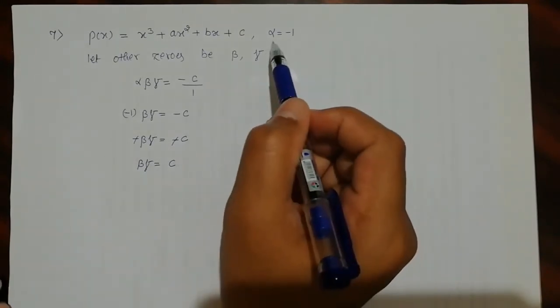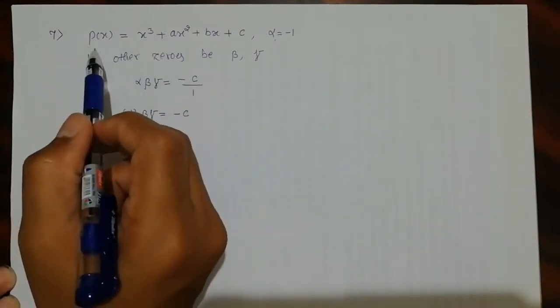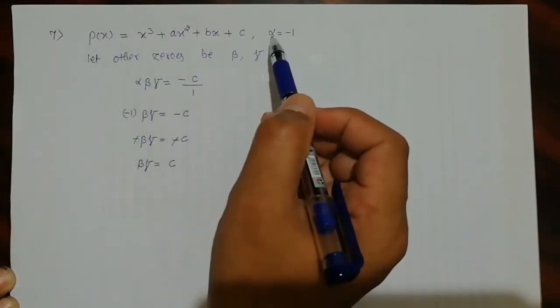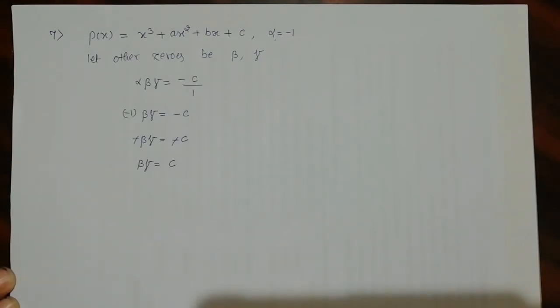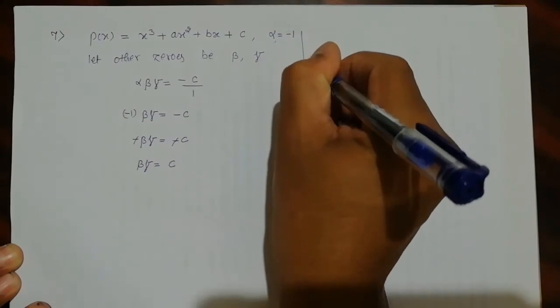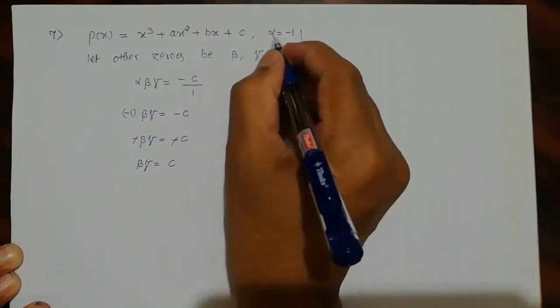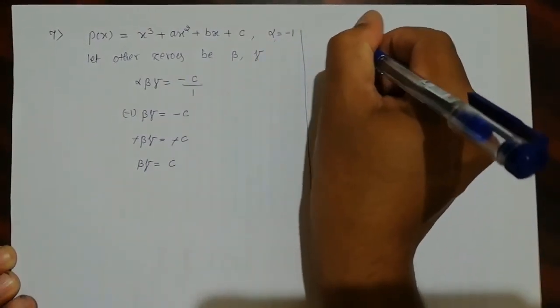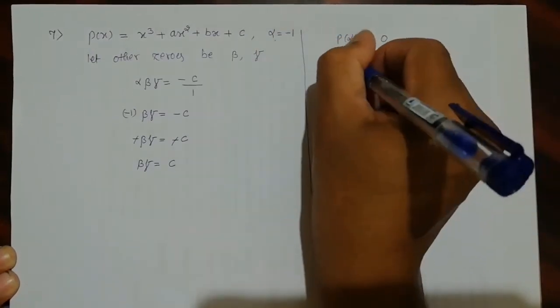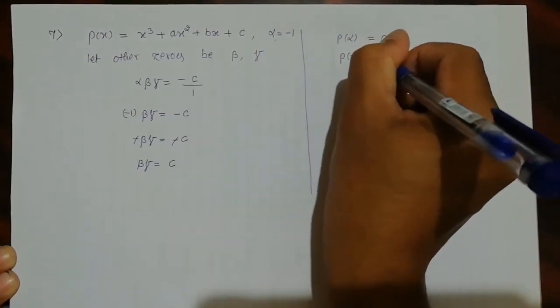So alpha is a zero of P of x, which means P of alpha should be equal to 0. So now I'm going to calculate here. Alpha is minus 1, so P of minus 1 should be equal to 0.